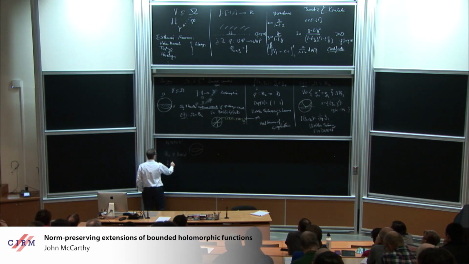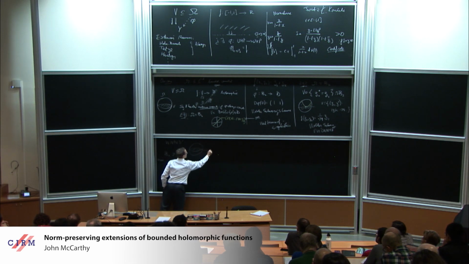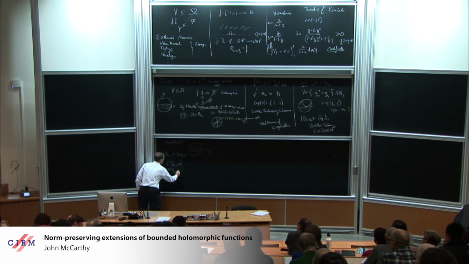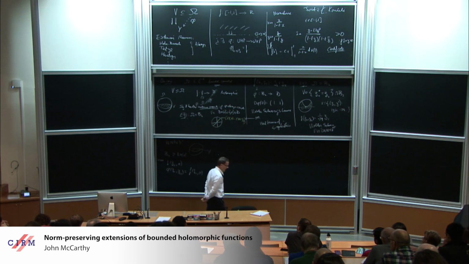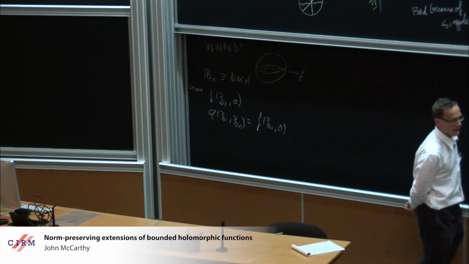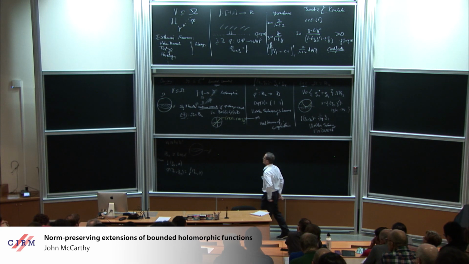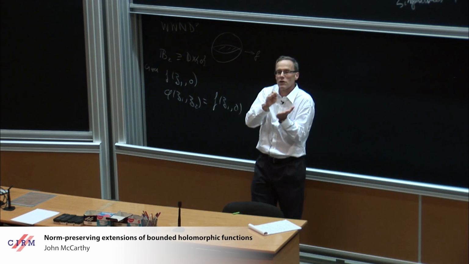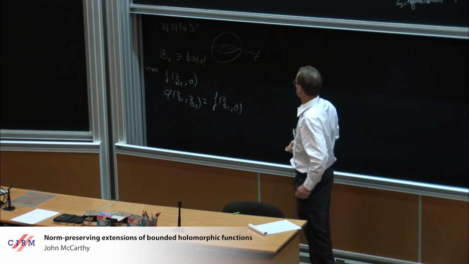If I'm given f on the equatorial plane, I define phi on the whole ball to just forget about the second coordinate. And this obviously works. It has the same range. And if you think about it for a little, you see what makes this tick is that the projection from the ball onto the equatorial plane is a retract.